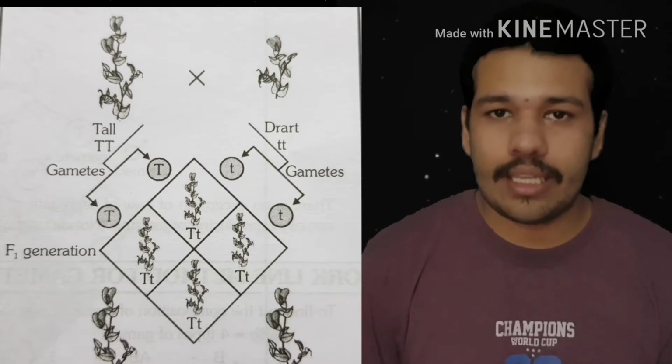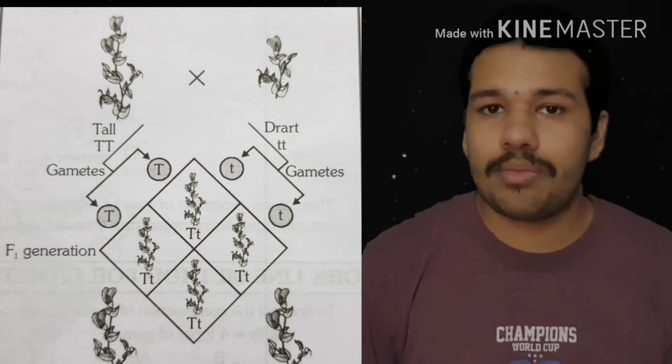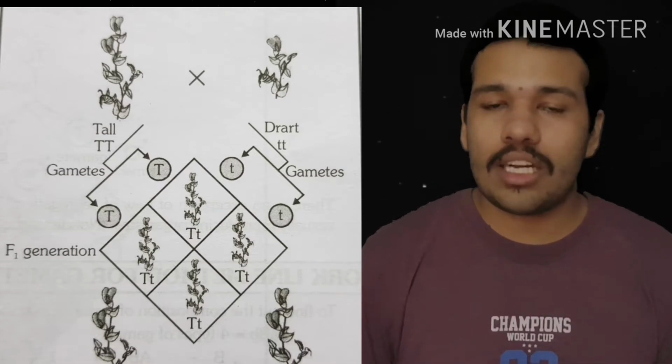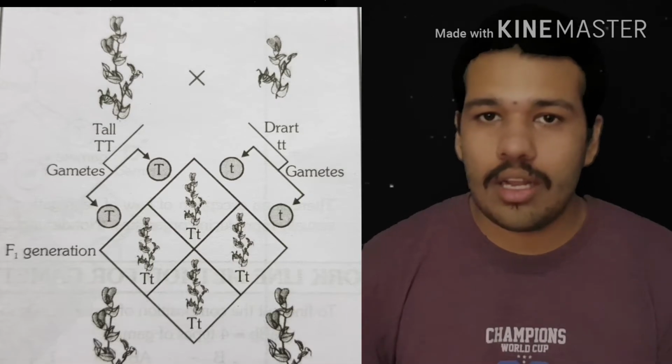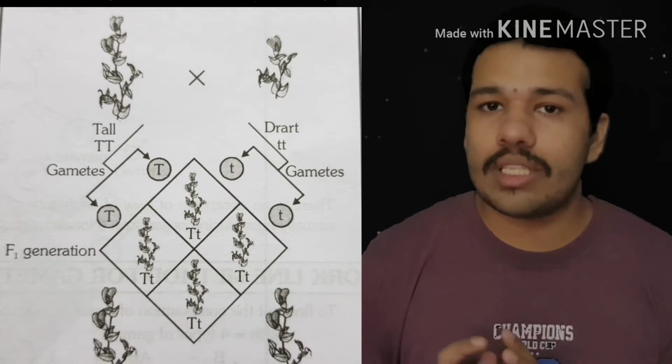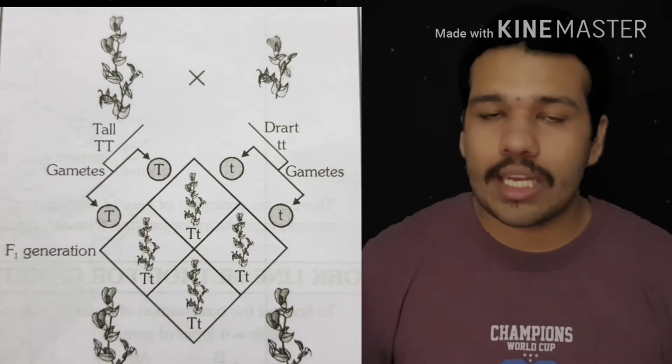When you crossbreed them, the F1 generation produced is 100% heterozygous, meaning all the plants are phenotypically tall but heterozygous when you consider the genotype, so they will be capital T and small t. Yes, so here you can see the law of dominance. The capital T, the dominant trait, is able to express itself while the small one does not express itself at all. Now let's go to the second law, which is the law of segregation.